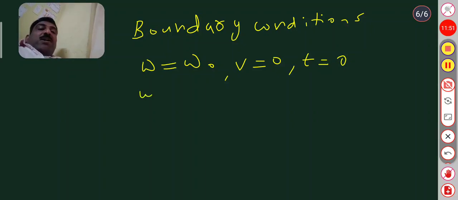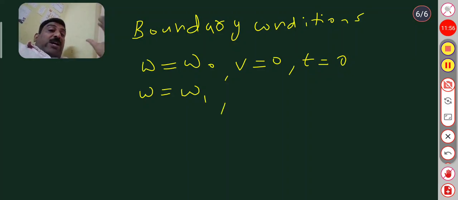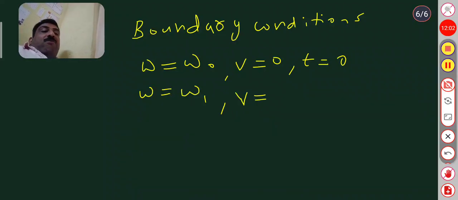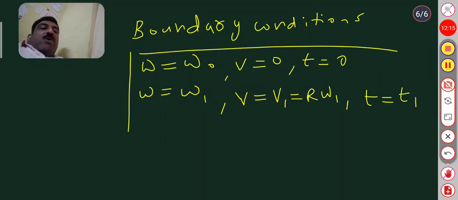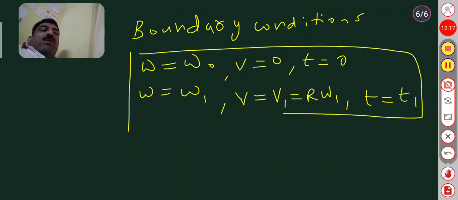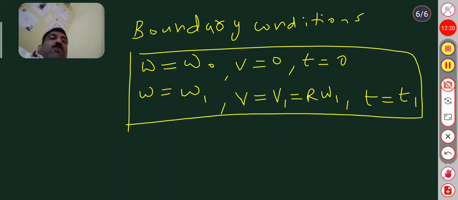And when omega is equal to omega 1, that is when it stops slipping, at that time the velocity is equal to v1, which is equal to r omega 1. And at that time, t is equal to t1. All right, so these are the boundary conditions for the motion of this flywheel.